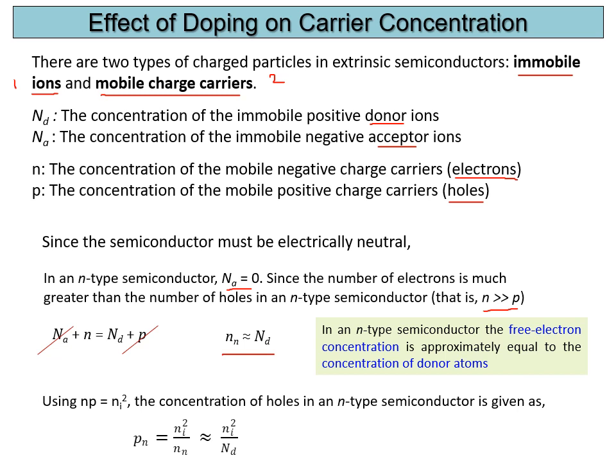Using np equal to ni squared, the concentration of holes in an N-type semiconductor is given as pn equal to ni squared over n, or approximately equal to ni squared over Nd.